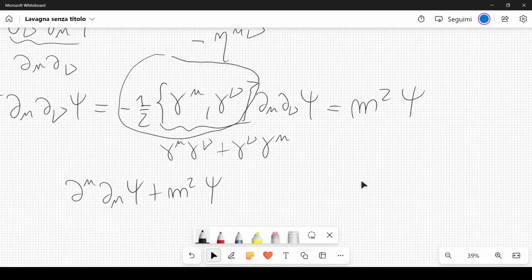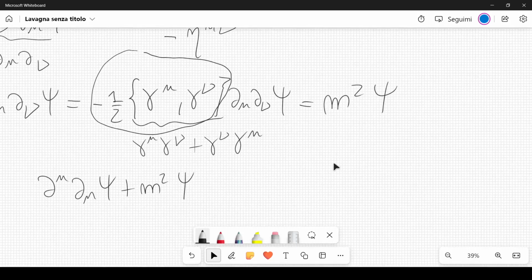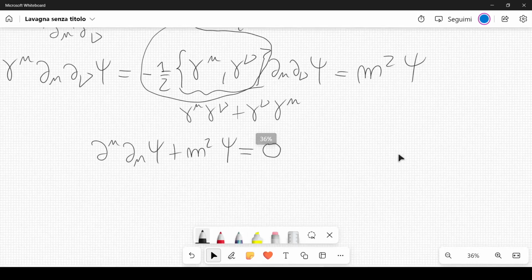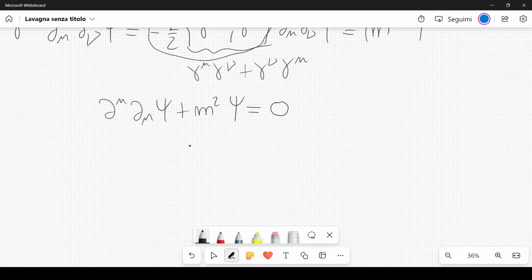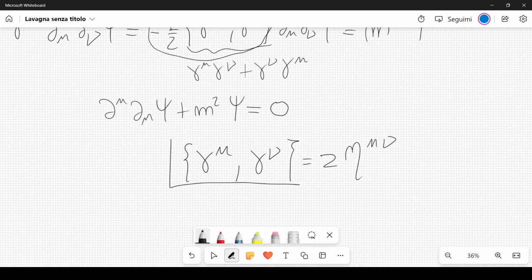Because if we impose this, then we get exactly this equation. So here I have to set it equal to 0, and we get this equation here. Therefore, another important property that the gamma matrices should satisfy is this: the anti-commutator of gamma mu and gamma nu equal to 2 eta mu nu, which is a well-known property of the Dirac matrices.